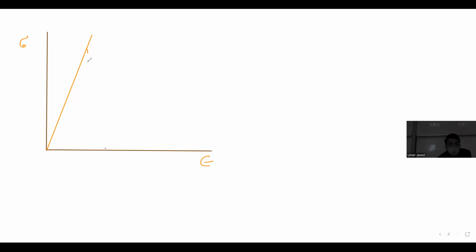And anyone who wants to tell us what will be the slope? Oh, you know it. Everyone knows it. We have Young's modulus equal to stress over strain.